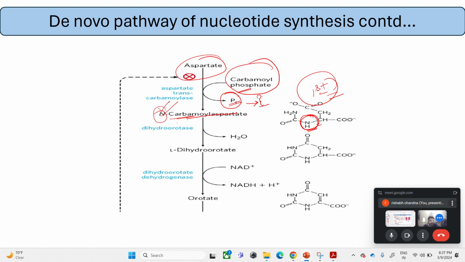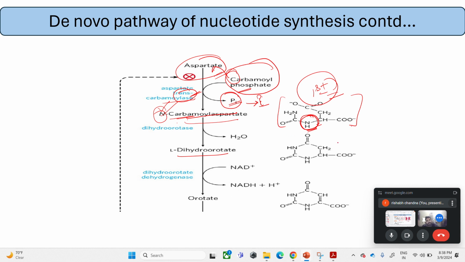Okay, now this particular reaction is being done by aspartate transcarbamoylase. So here what happens, the carbamoyl is transferred to the aspartate molecule. That is why this is trans, because this group is transferred to the aspartate group. Okay, now this particular N-carbamoyl aspartate moiety is converted to L-dihydroorotate.